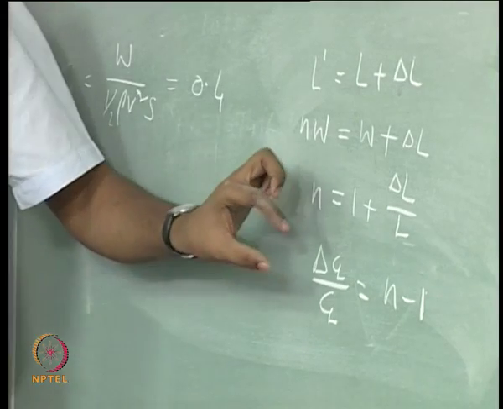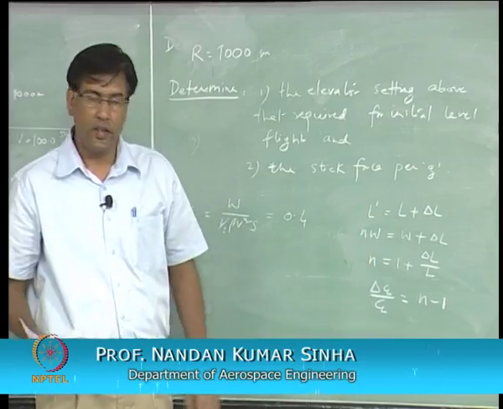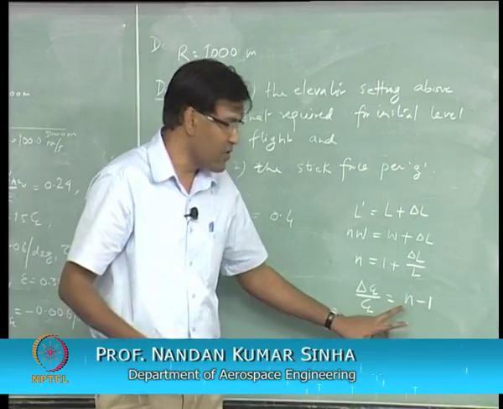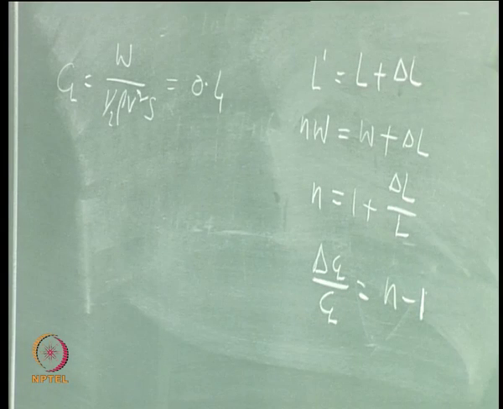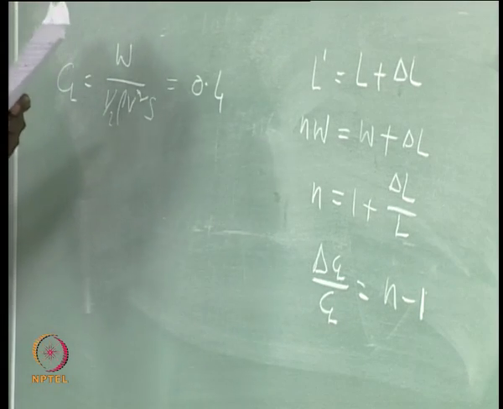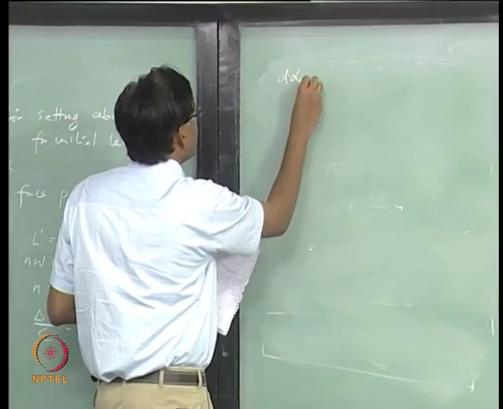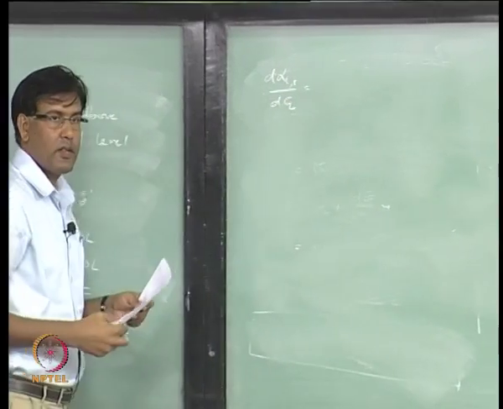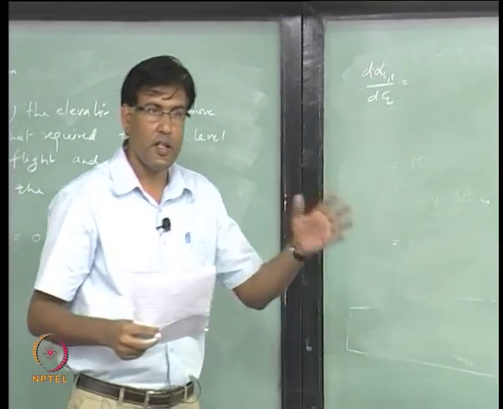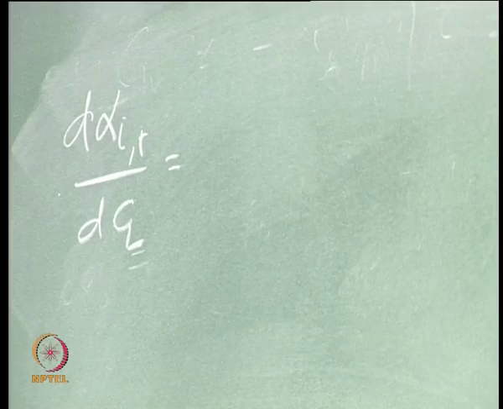So, extra delta CL that you need, right, to execute any maneuver, so this n is greater than 1. Now, this change in angle of attack that you see at the tail will also depend upon the CL that you want, right.